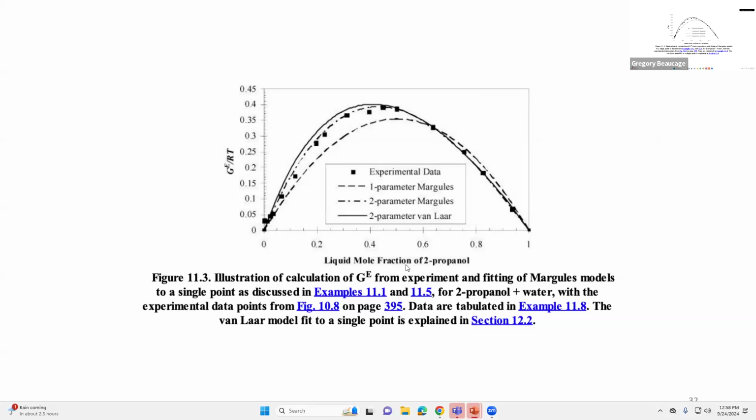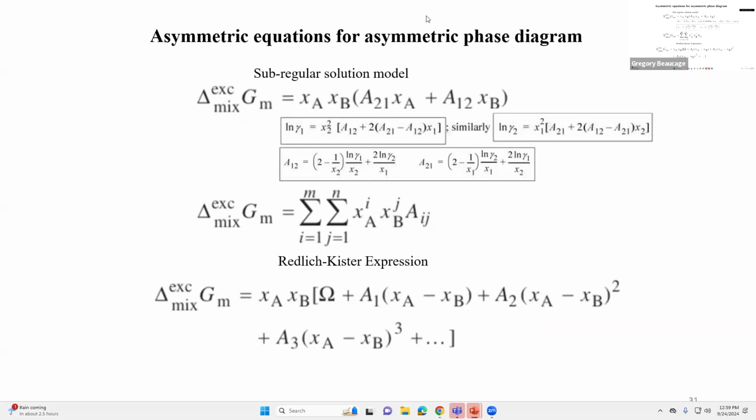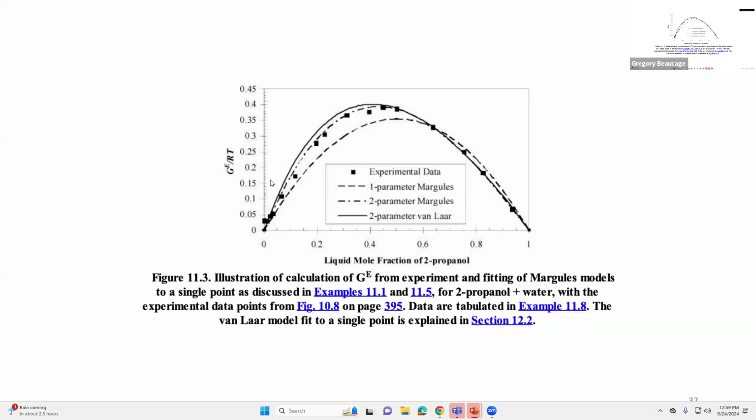Like this is for propanol and water, right? Mixture, and it's shown as skewed because water and propanol hydrogen bond. So the model is not accounting for the fact that they hydrogen bond, so it shifts the curve. The original Margules is symmetric, the propanol-water isn't. If you do a two-parameter Margules, which is this equation, then you can get almost a perfect fit, right? And then there's another equation called the Van Laar. Again, there are hundreds of these equations.